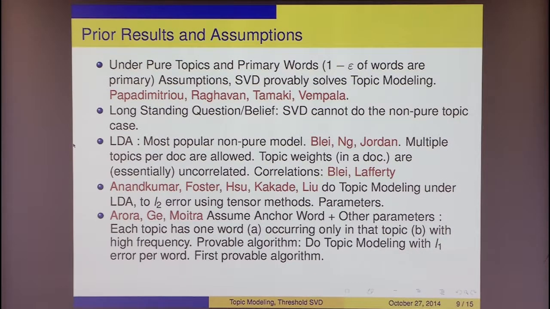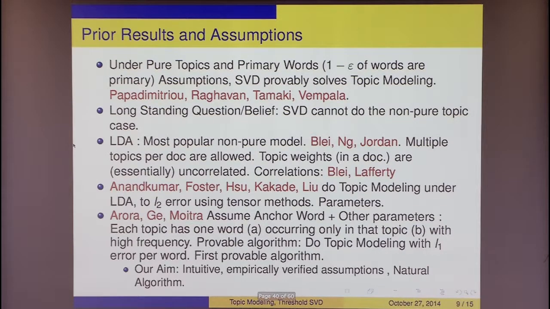Then you assume that it occurs only in the topic, which is a little strong, but it's possible. But you also have to assume that it occurs with frequency, let's say 0.02, so every 50th word is that particular word. And then they were able to give a provable algorithm at the end of it. Now the error, unfortunately, is still L1 error per word, so for a topic vector, the error is quite high. But it's a first provable algorithm and very, very good experimental result.